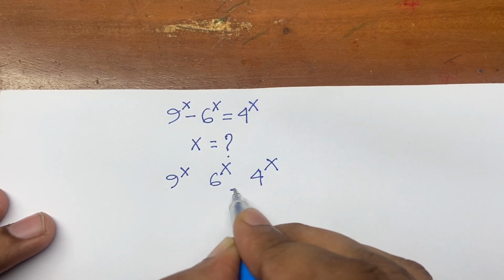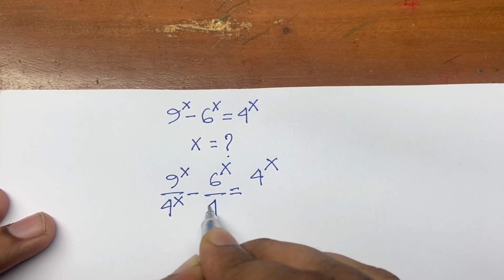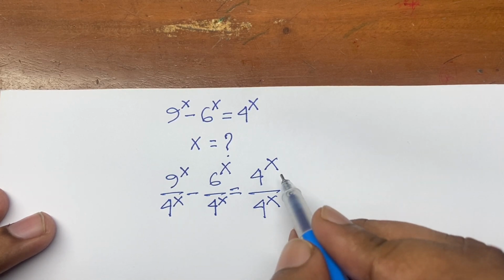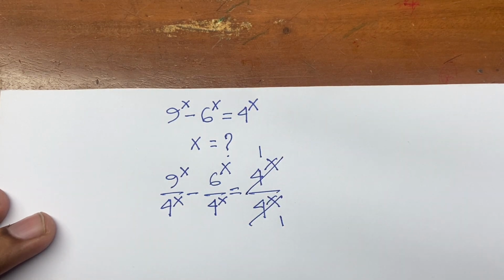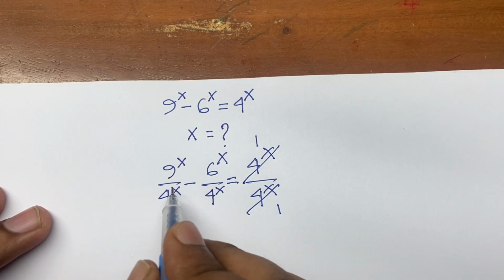I divide both sides by 4^x. Now if I simplify it, this is 1, this is 1. Now here is 9^x over 4^x.